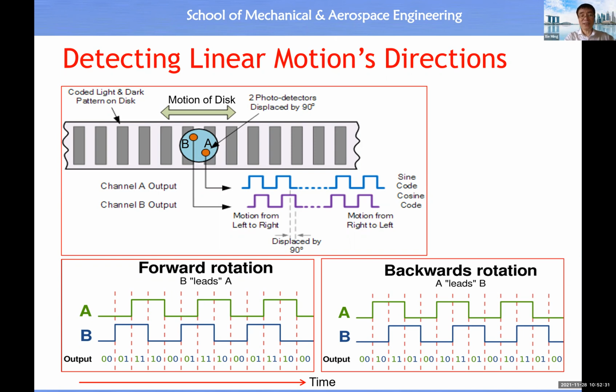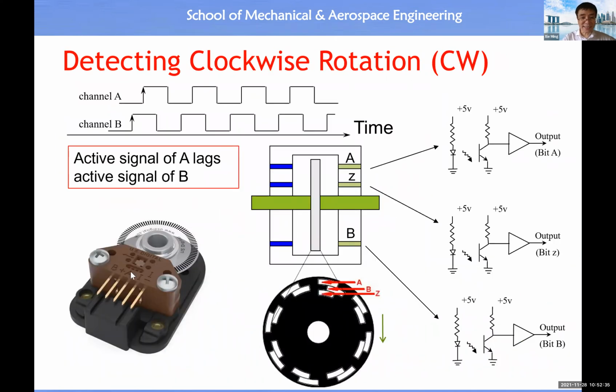So this helps you to understand what the design is inside here. Immediately you can imagine there is an offset between the light detector and the light emitter of signal A and signal B.